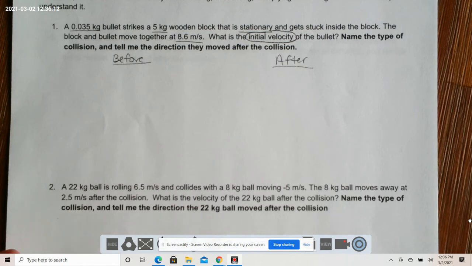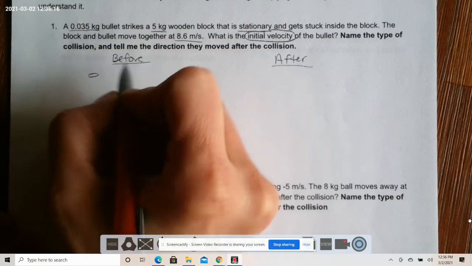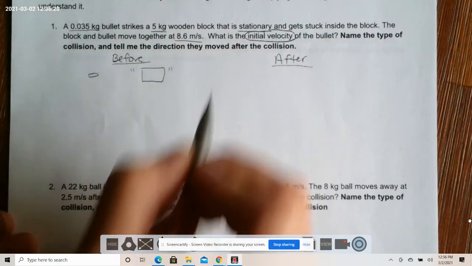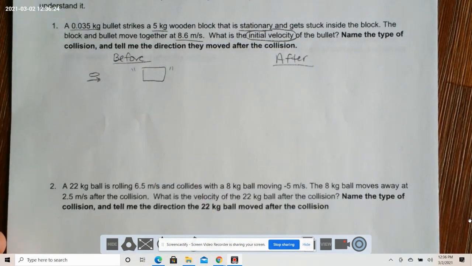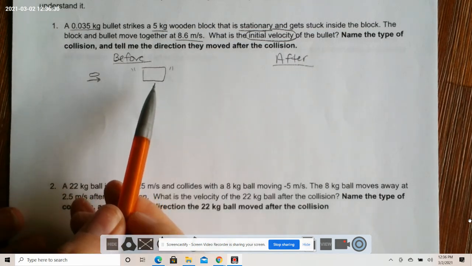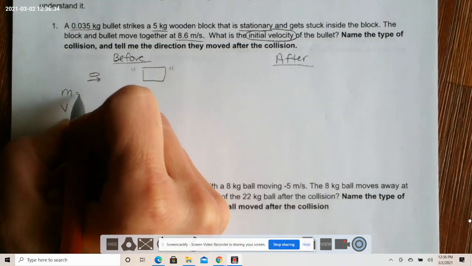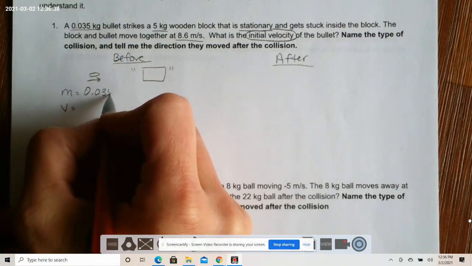Okay, so now we have our bullet and our wooden block. Our wooden block is stationary and our bullet is moving towards it. So we know it's going to have a positive initial velocity because it is moving towards the stationary wooden block. So we're going to put out our mass and velocity just like normal. The bullet's mass is 0.035 kilograms.